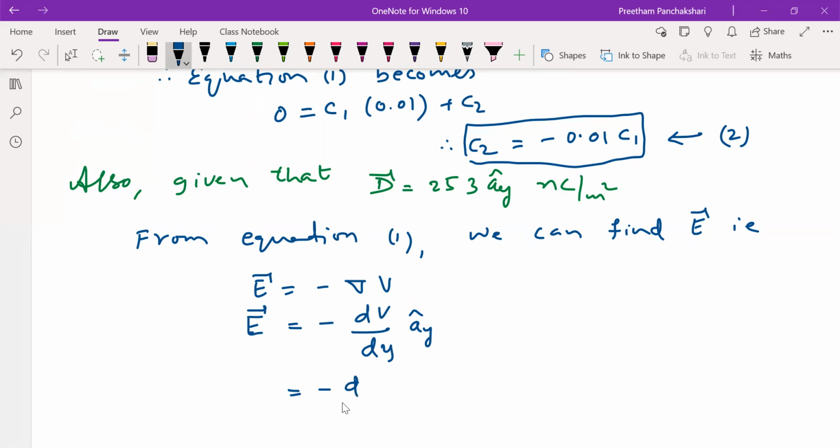Now we have to differentiate V, and in equation 1, V is calculated as C1y plus C2.